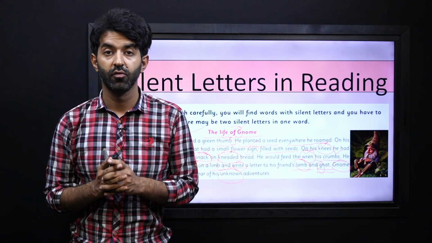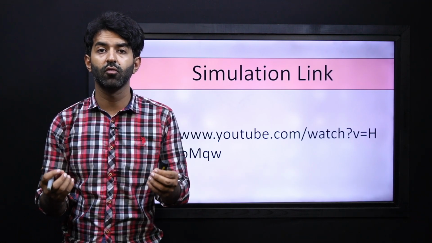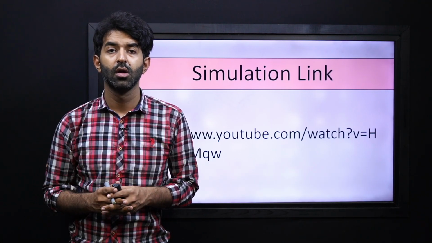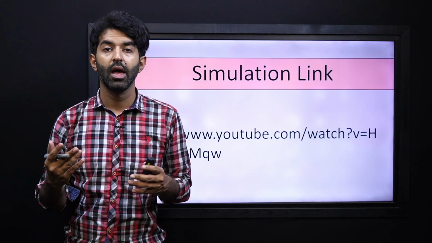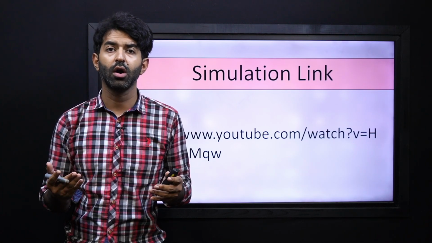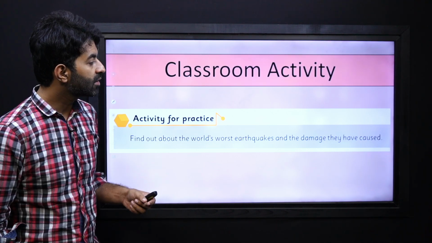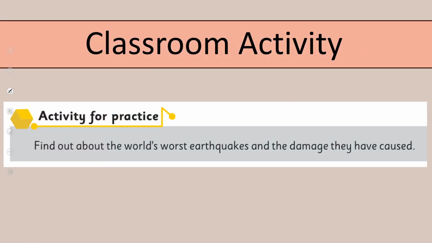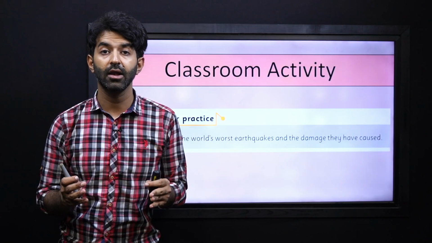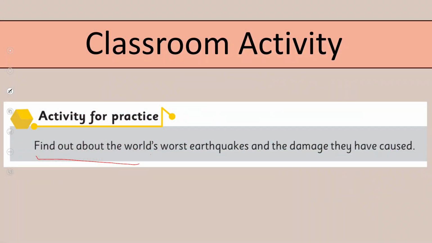All right, very good. Now here is a simulation link that you can watch to learn more about different things about information report and fact sheet or silent letters. Now for your classroom activity, again, what you are going to do is read the fact sheet or the fact file in the book and find out about the worst earthquakes and the damage they have caused.